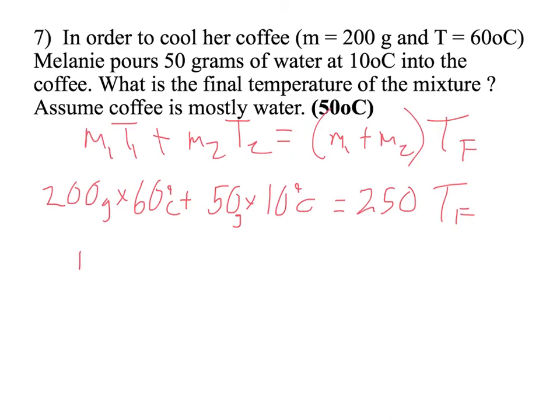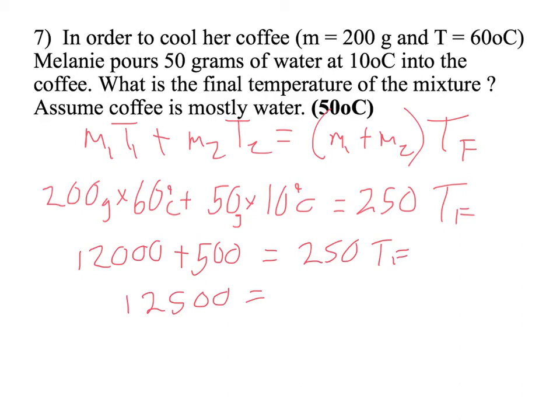This number right here is 12,000 plus 50 times 10, that's 500, is equal to 250 TF. So 12,500 is equal to 250 TF.